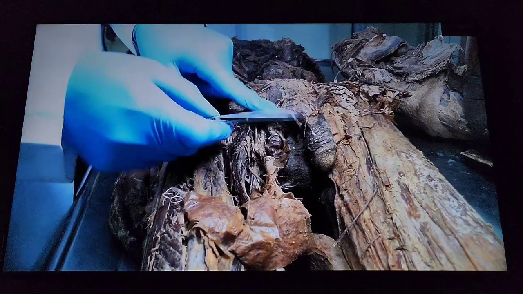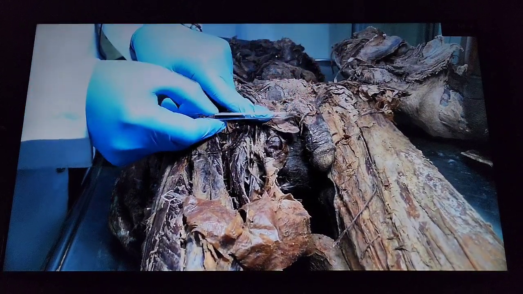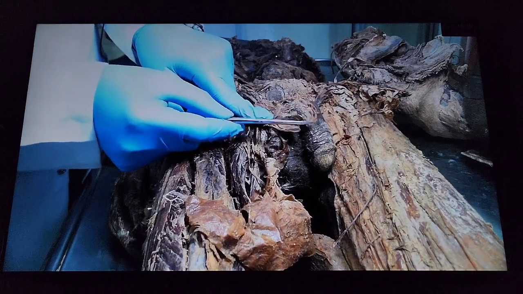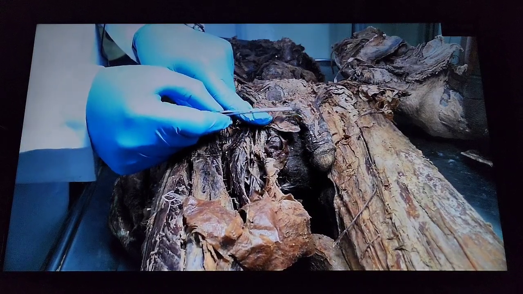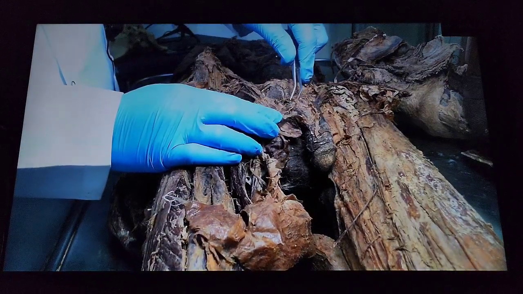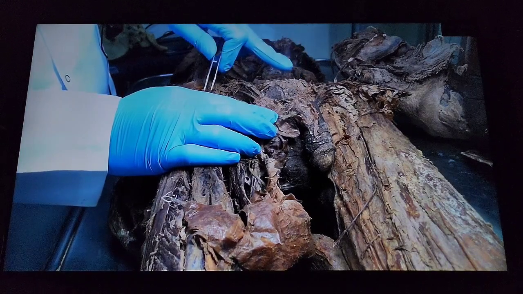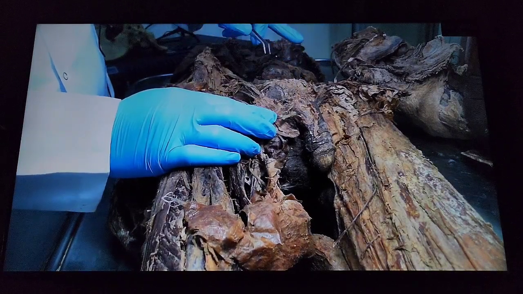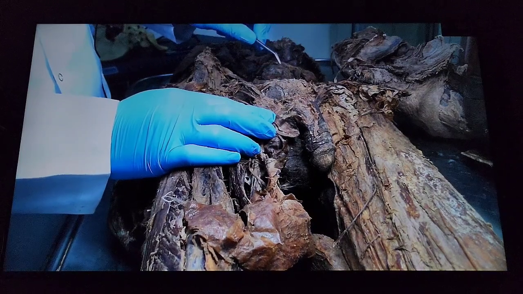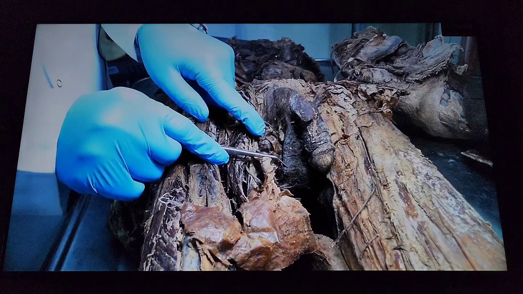Here, if you remove the skin of the shaft of the penis, you can see the fascia of the penis, and we call it Buck's fascia. Buck's fascia is continuous with the superficial membranous layer of the abdominal wall, the Scarpa's fascia, and the same is continuous with the superficial fascia in the scrotum.